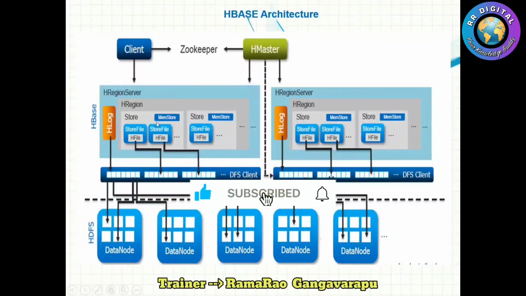HMaster knows where the V1 version data is and where the updated data is. HMaster knows that V1 data is available in HDFS and V2, V3, V4 are available in memstore, because HDFS doesn't support updates. That's why memstore always keeps the updated information or data.